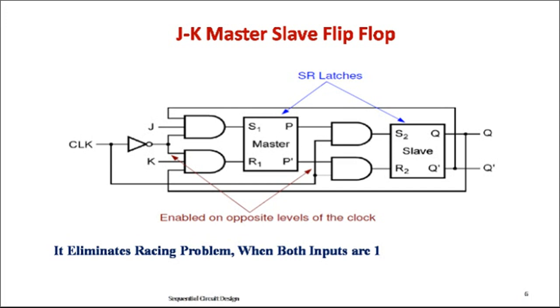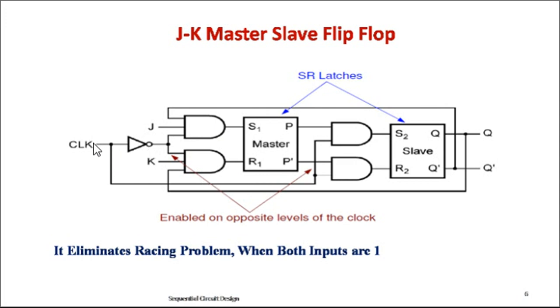Now this race around condition will be overcome in the master slave JK flip flop. This one you can call the master and this one the slave. The output of the master is connected to the input of the slave; we can connect two SR or JK flip flops together, and the first part we call the master and the second part the slave, and in between these two we connect the clock pulse.